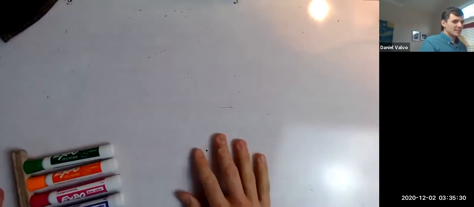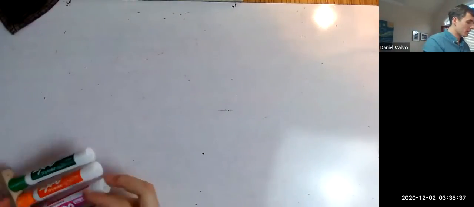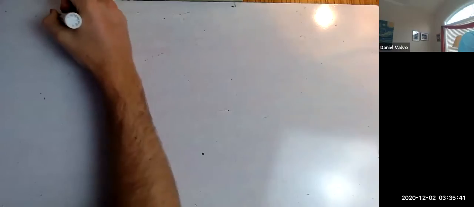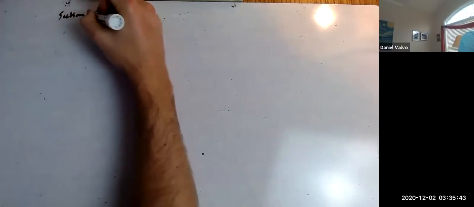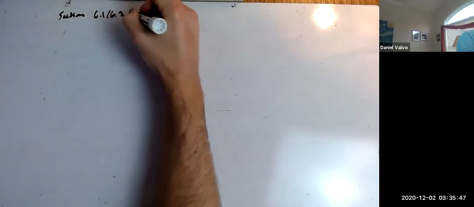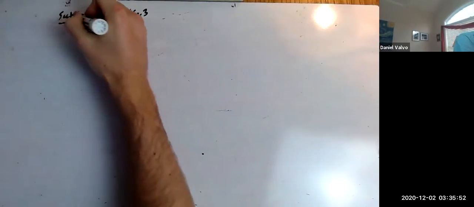There we go. Today, we are once again doing sets, and we're still kind of in between everything. So I'm going to say right now, we are in section 6.1, 6.2, 6.3, because once again, we're doing it out of order.